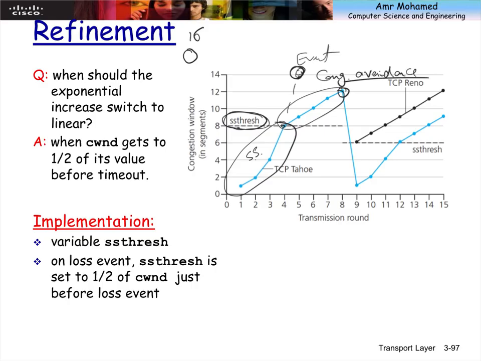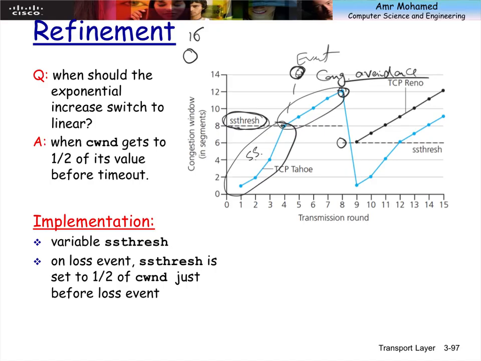TCP does this congestion control end-to-end, application to application, so we don't have an exact estimate of the load on the network now. So here it's 12, so the new slow start threshold will be set to 6.